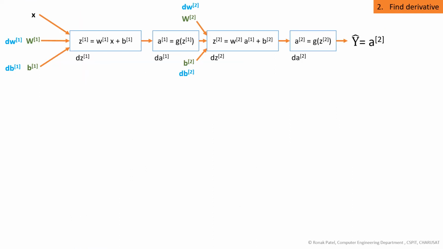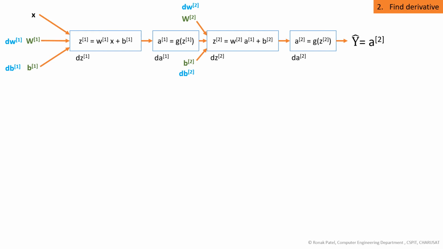Now the next step is to find the derivatives, because they are useful to update your weights and biases. To update W2, B2, W1, B1, what do we require?